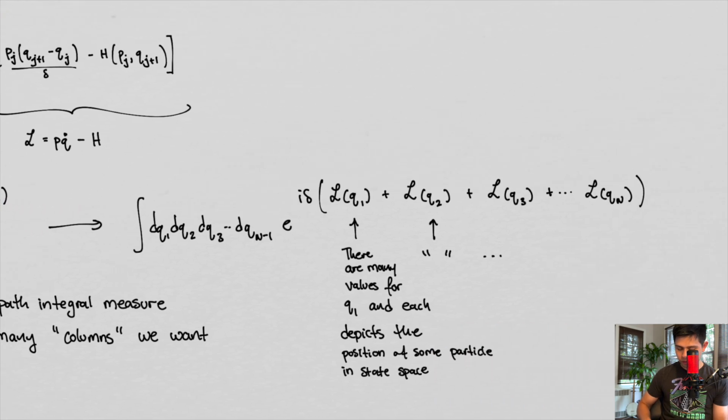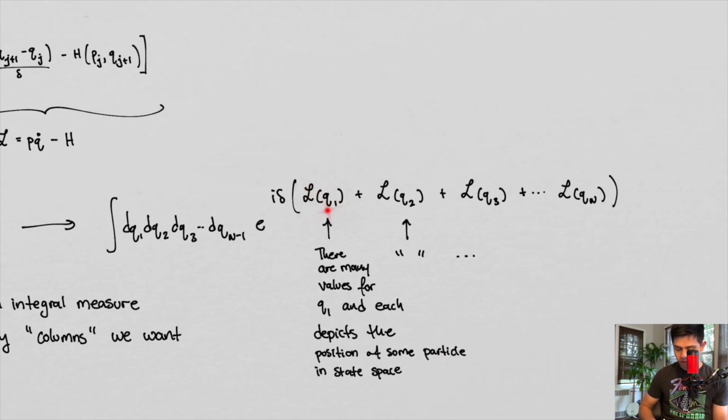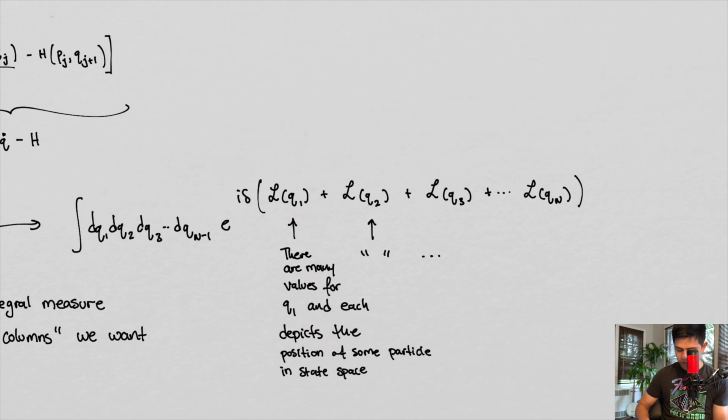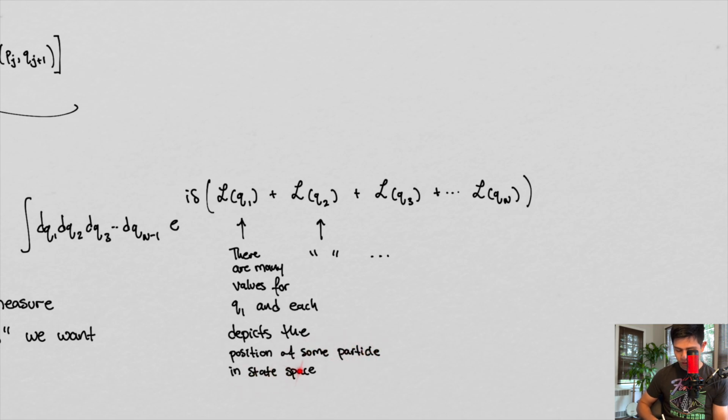So this is the Lagrangian of all the Q1s. There are many values for Q1, and each depicts the position of some particle in state space, or phase space. And then we have L of Q2, Q3, and so forth, however many Qs we're specifying.